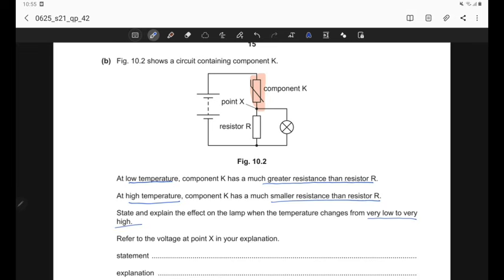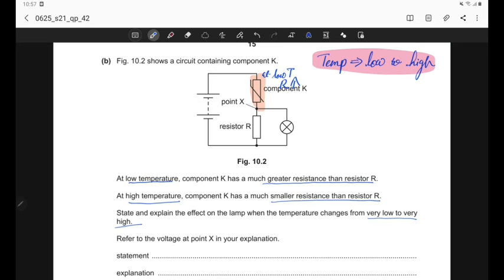So when the temperature changes from low to high, we need to check how it will affect the working of the lamp. So at low temperature, the resistance of this component, that is the thermistor, as we have seen, is very high.